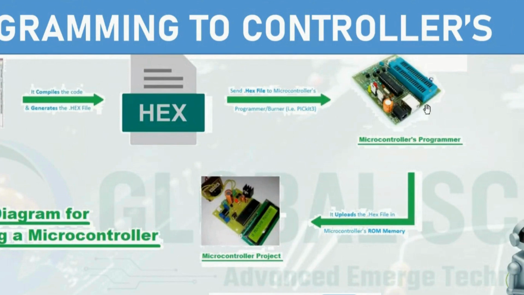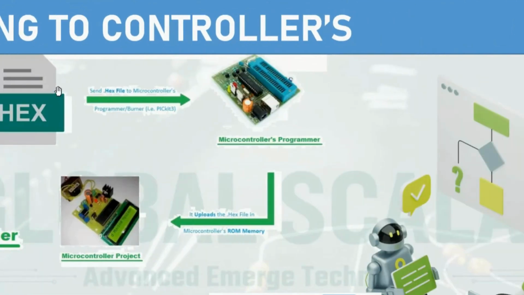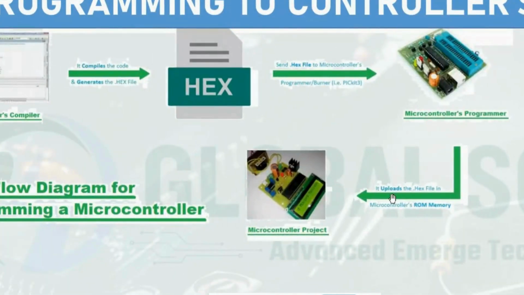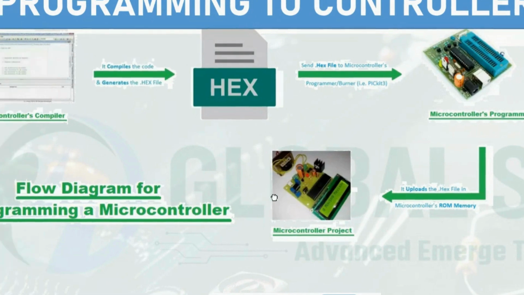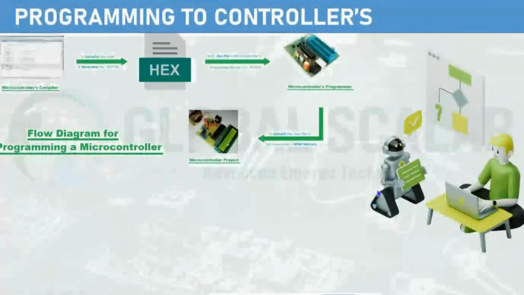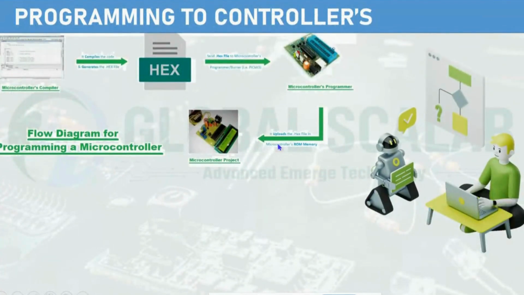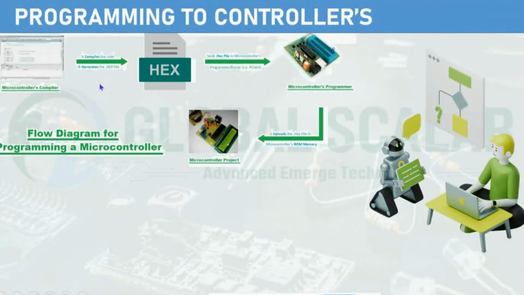Because our hardware can take the data only as a hex file, we flash the code, uploading the hex or bin file into the RAM memory. Then the display or the motor will start to function. So that's how we program the controller.